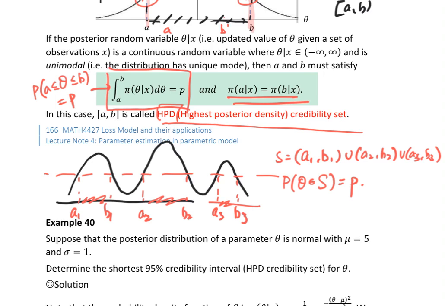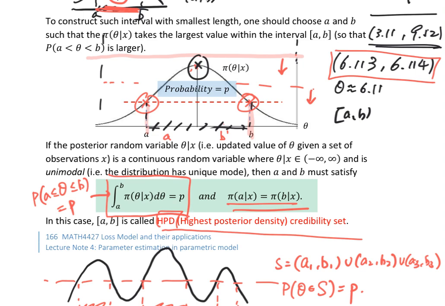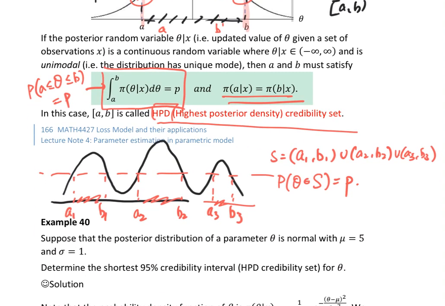From this example, you can see that the credibility interval is not necessarily the conventional interval that we saw before. In general, it could be a union of intervals if the distribution function has multiple peaks.